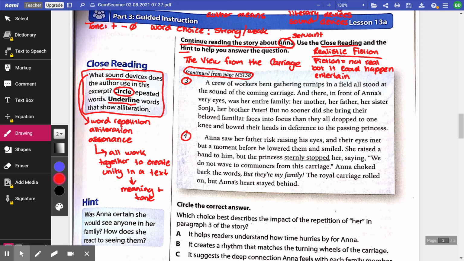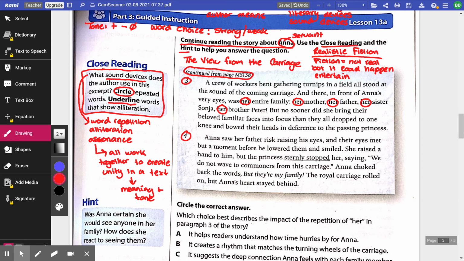It says, there in front of Anna's very eyes was her entire family, her mother, her father, her sister, Sonia, and her brother, Peter. So that word "her" is getting repeated. Anytime that an author chooses to repeat a certain word or phrase, they're trying to bring our attention to it and let us know that there's something important about this word.